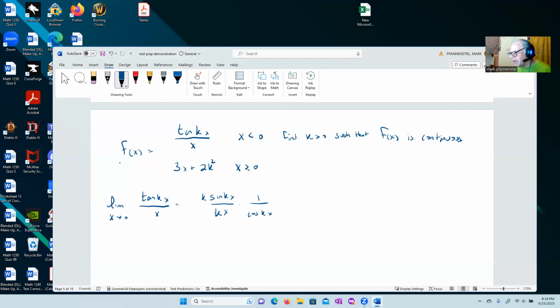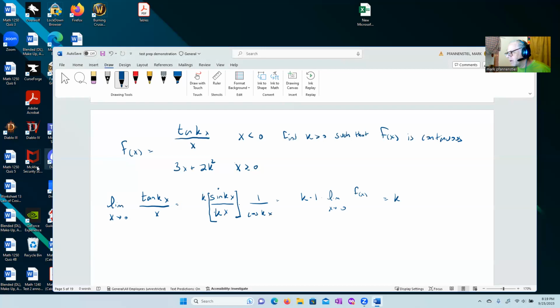The sine kx over kx, as x goes to 0, that limit is going to be 1. So this is equal to k times 1, times, hey, what's cosine as x goes to 0? Well, if x is 0, k times x is also 0. Cosine of 0 is 1. So this limit from the left, the limit as x goes to 0 of f of x for this part, is equal to k.